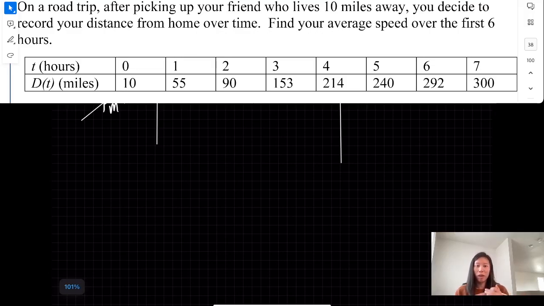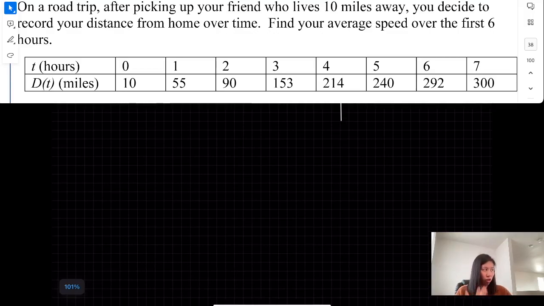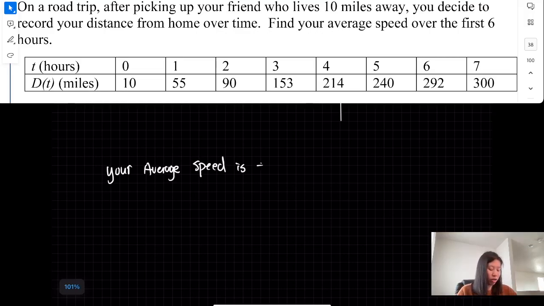Now remember, the distance is how far away you are from the place that you left, probably your home. So your average speed is the average rate of change, ARC.